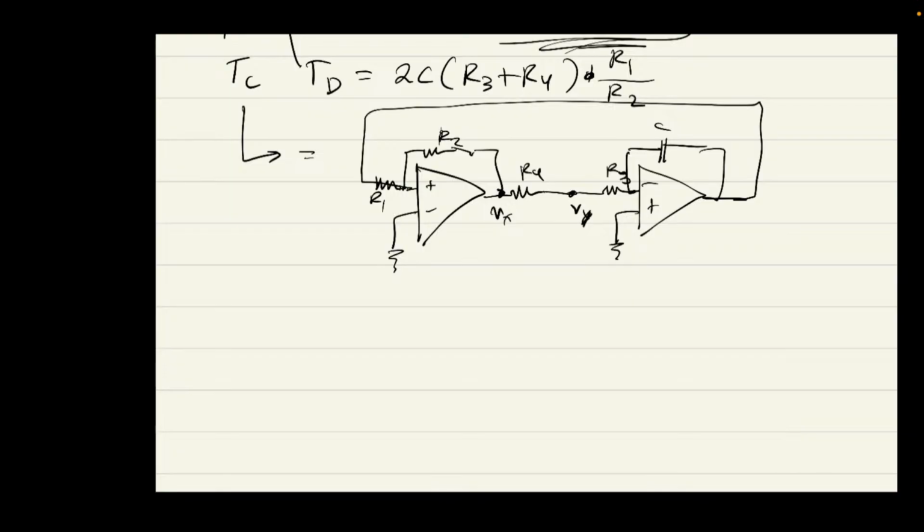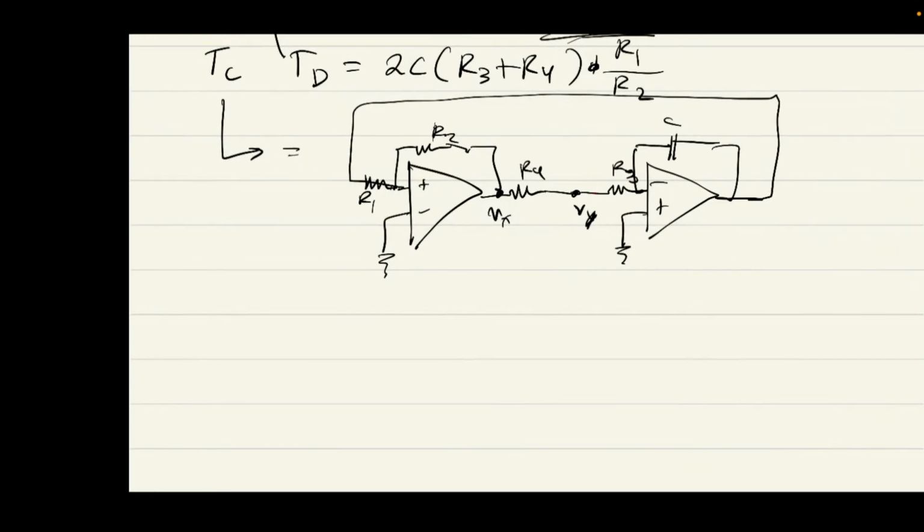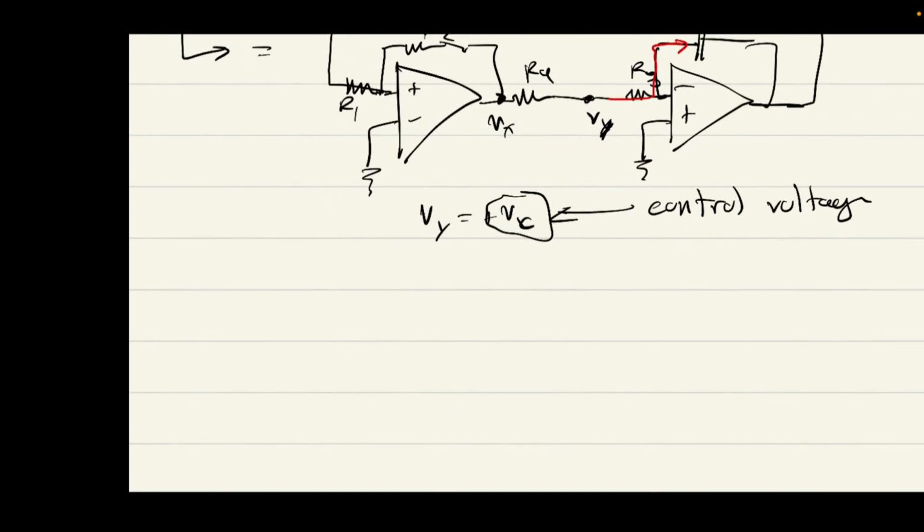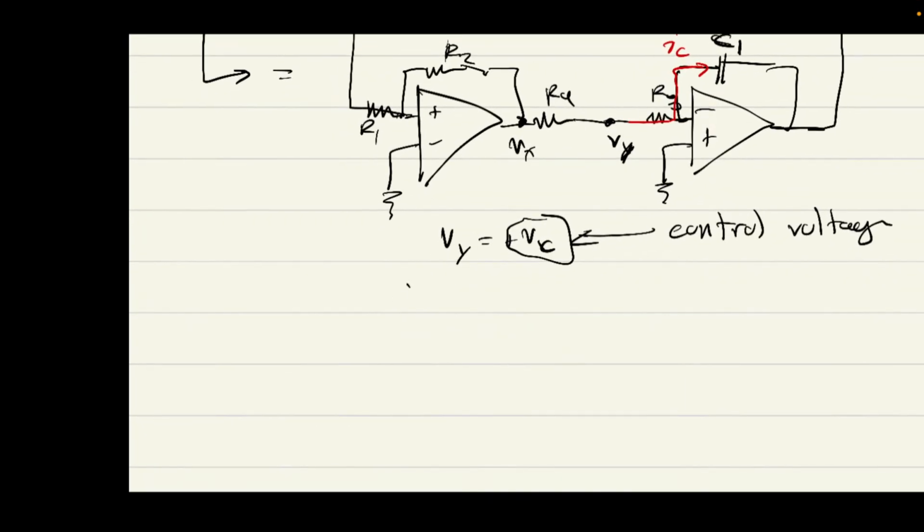So what we care about is the current going through the capacitor, IC, right? Now that we know that Vy is equal to positive Vc, where Vc, by the way, is the control voltage, not the capacitor voltage, I'm actually going to call the capacitor C1 just to differentiate them. So Vy is the control voltage. Okay, what is IC then? Can anyone give me an expression for IC?